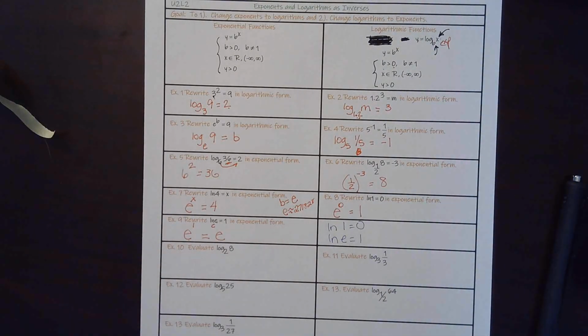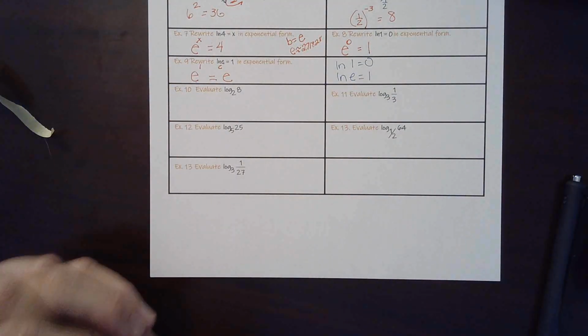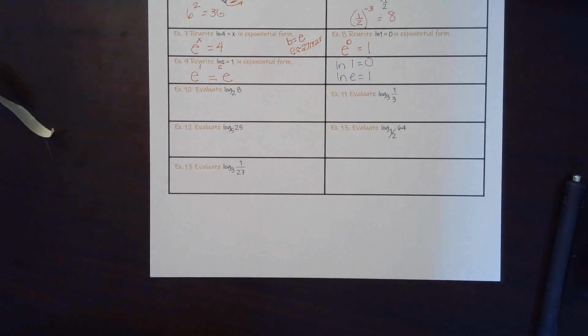All right, so now let's take a look at this expression right here. So let's say you're just simply asked to evaluate log base 2 of 8. So as you think about this, how would you evaluate this? How would you process this in your brain?